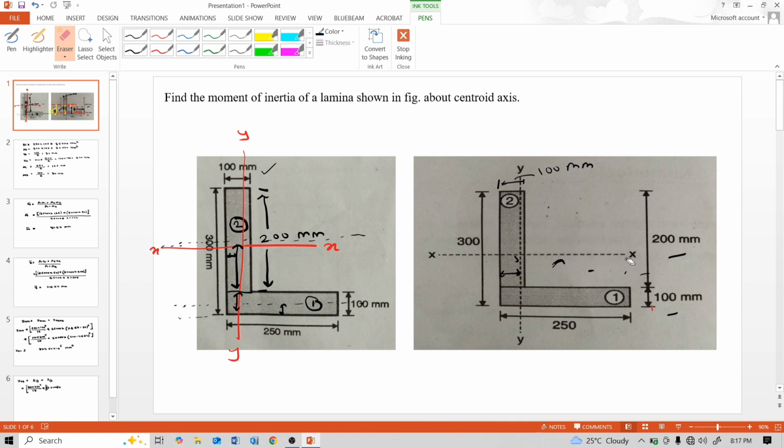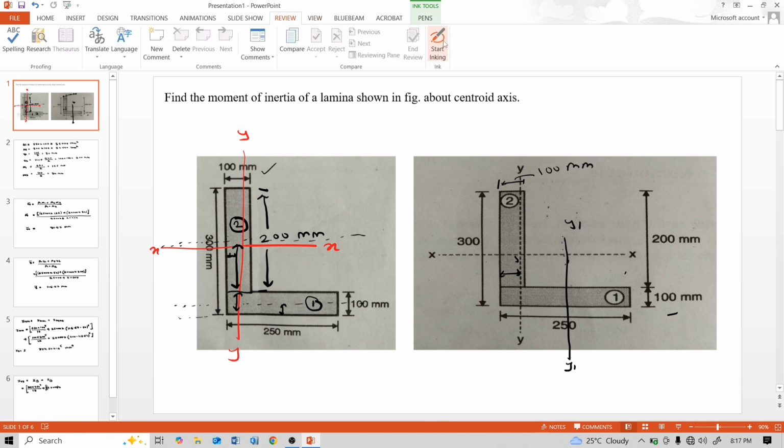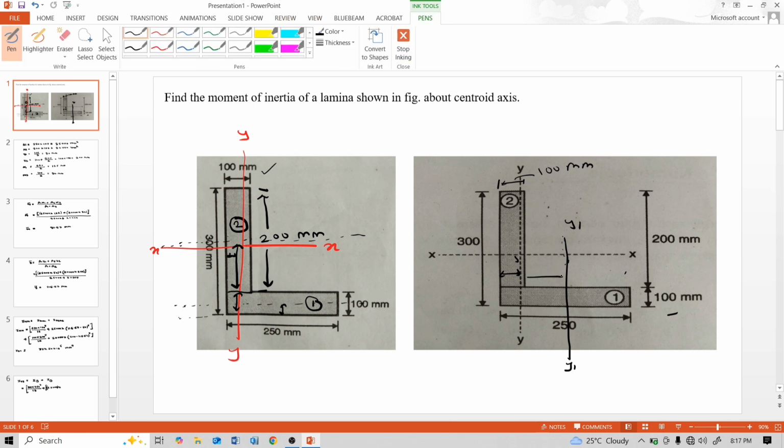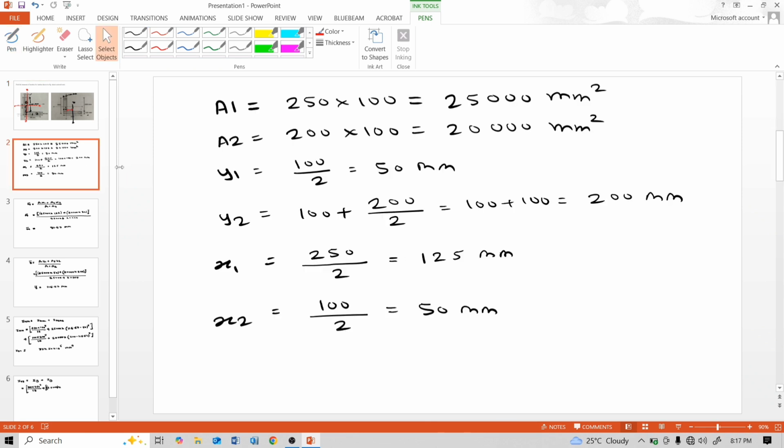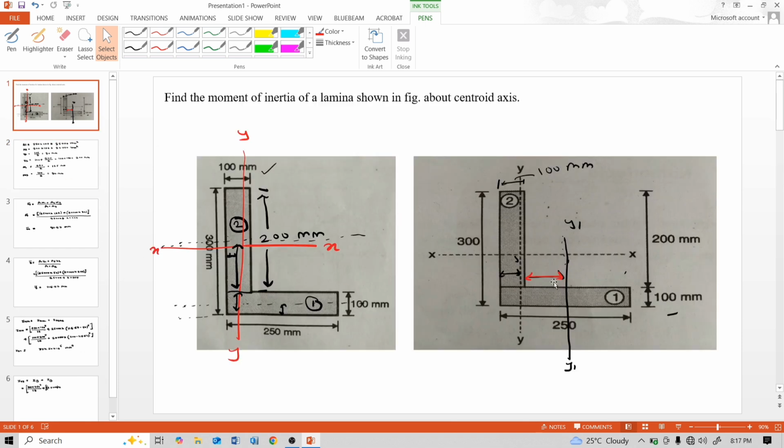The distance from the YY axis to this axis Y1 is 250 by 2, that means 125, minus this x bar distance.